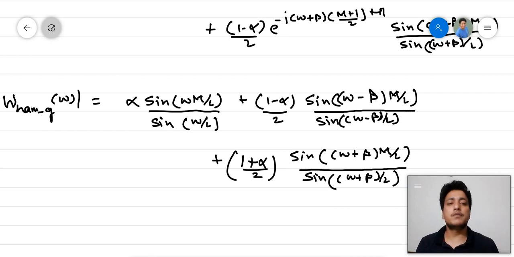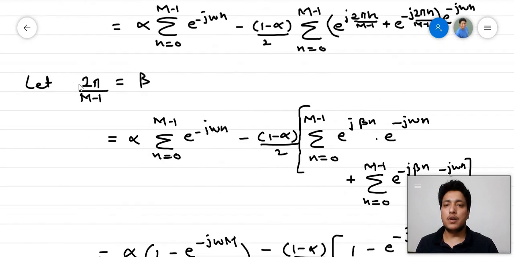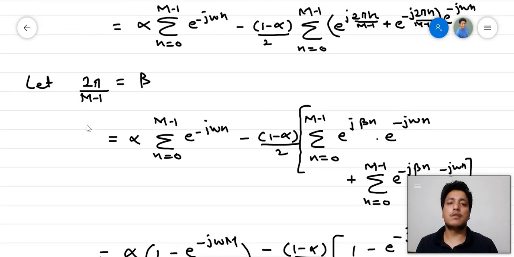Please note that we have substituted the value of beta, that is beta is equal to 2 pi by m minus 1. So that is an important part we have to keep in mind.